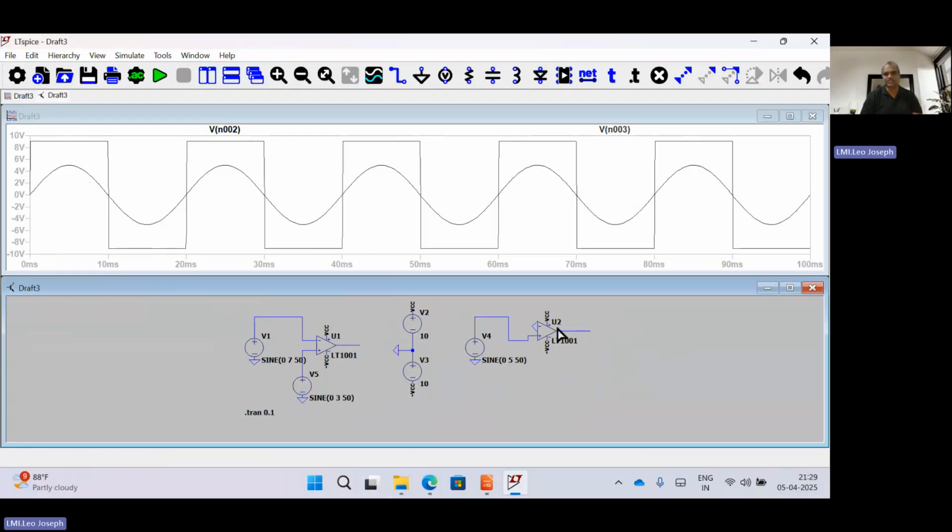So minus V saturation will be the output. The point which is connected here, plus 5 volt, is greater than 0. Now it becomes minus 5 volt. So minus 5 volt with respect to 0, what will be the output? Minus V saturation. That will come.